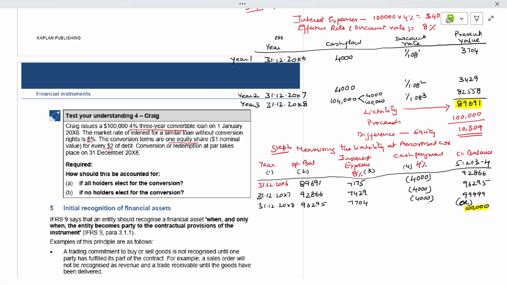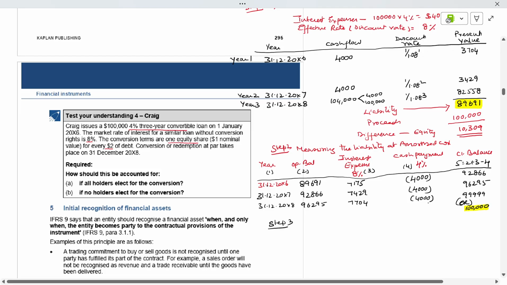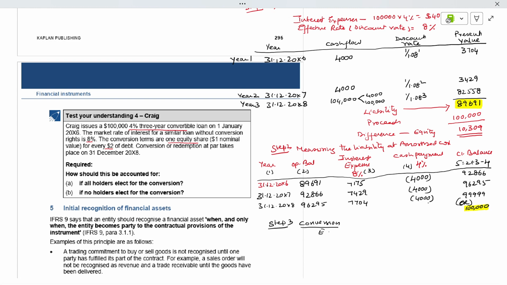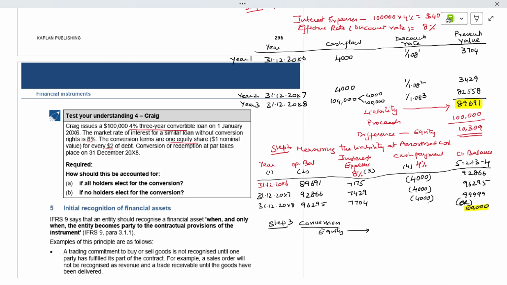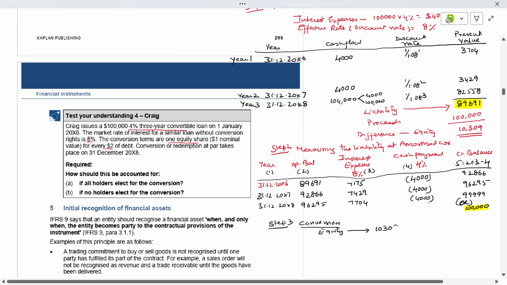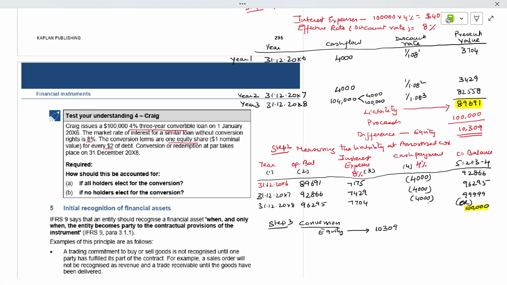Now step 3. This step 3 is the conversion. How much is the conversion? The total amount will be how much? Equity is how much? I calculated equity. Equity is 10,309.